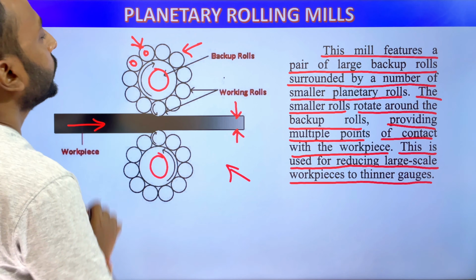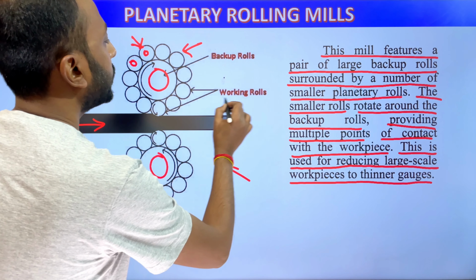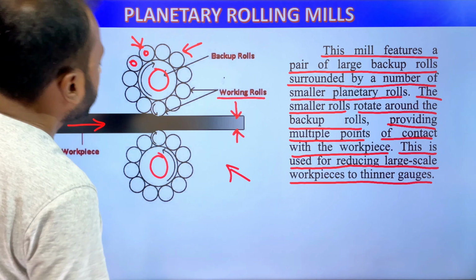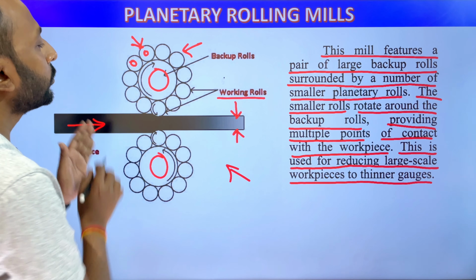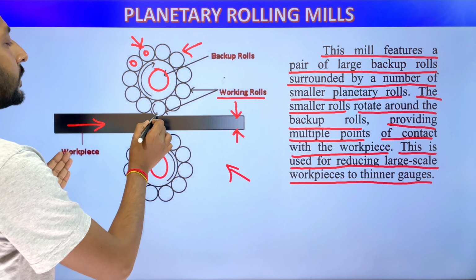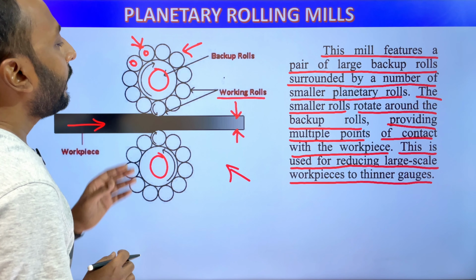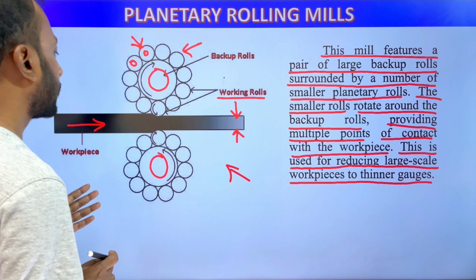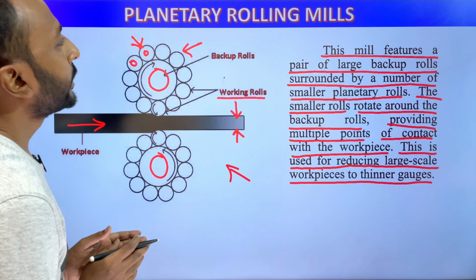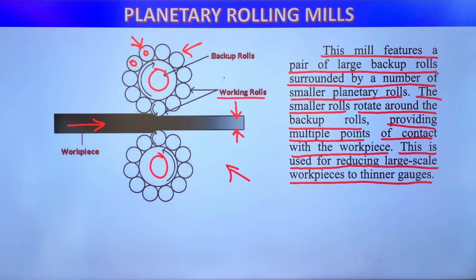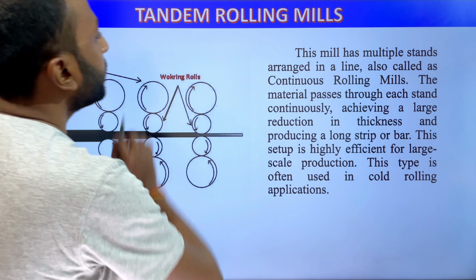So these are smaller rollers, and these are working rollers. These working rollers are removing metal from the metal billet and making a very thin product. This is planetary rolling mills. The next one and the last is tandem rolling mills.